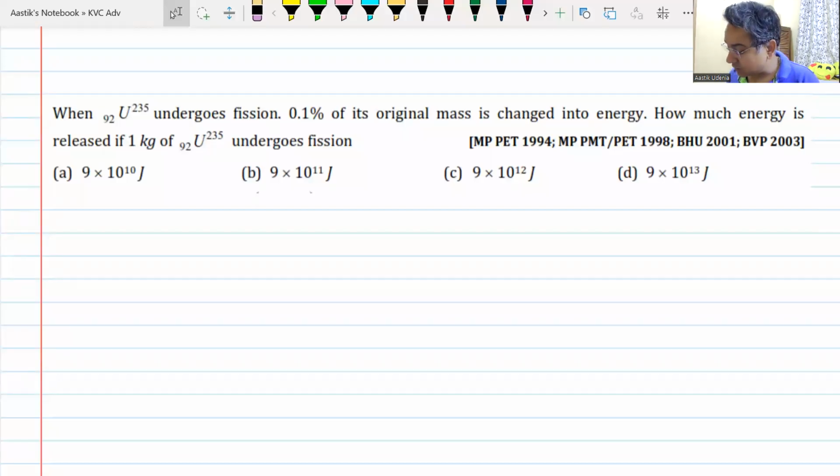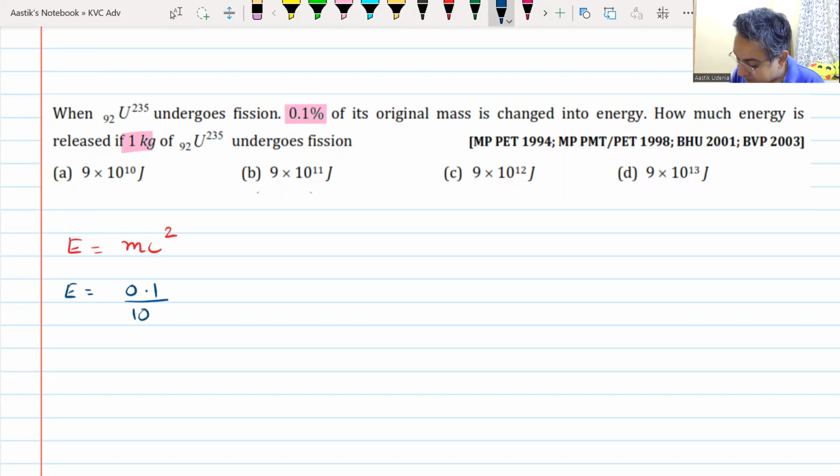So, how are you supposed to do this? Initially, you have 1 kg of uranium U-235. 0.1% of the mass is converted. Energy is mass into C square. How much mass is converted? 0.1% of 1 kg.